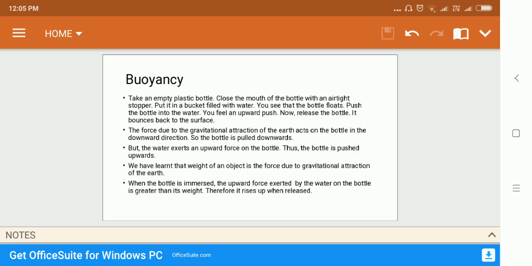It means that the force experienced by the bottle from the water is greater than its weight.